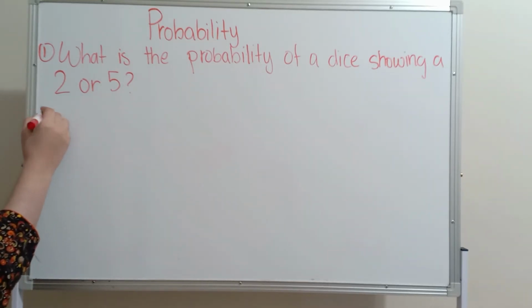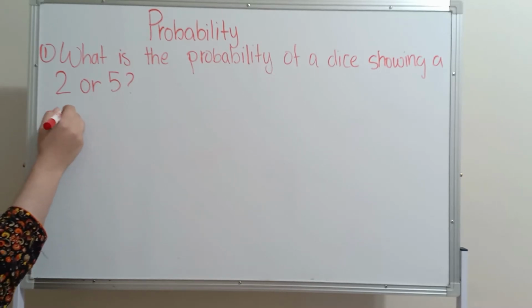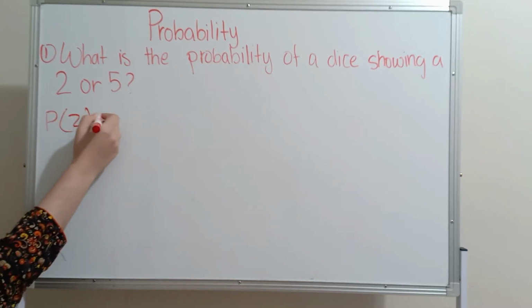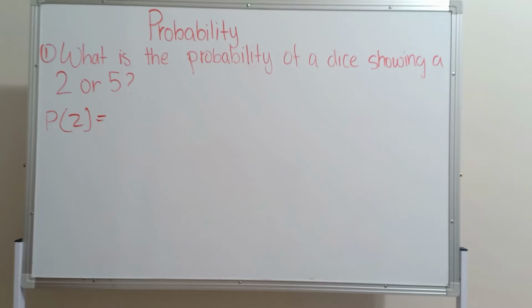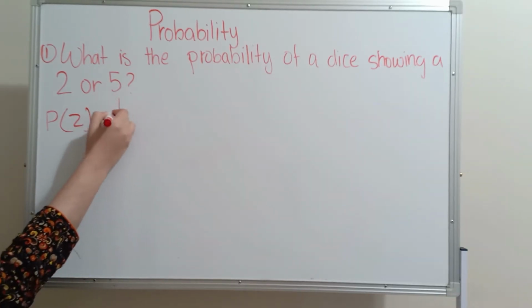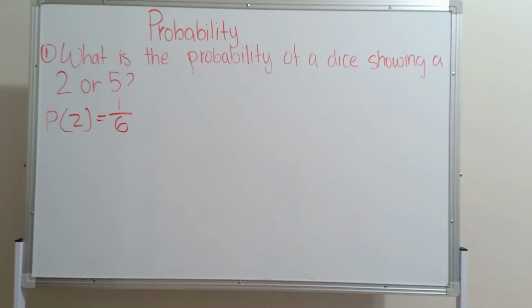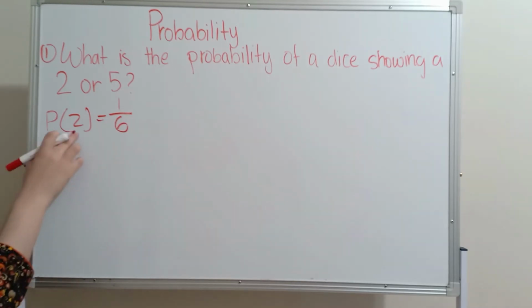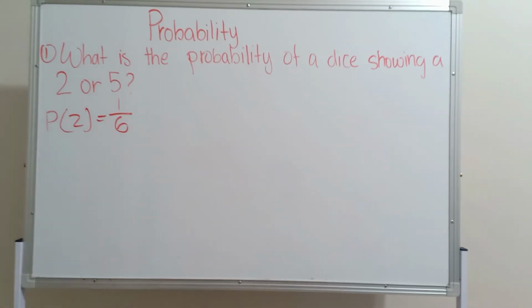So for 2, we can set this P in probability of 2 equals, we know that the 2 is only labeled on one of the sides out of the 6 sides on the dice. So it's going to be 1 over 6. That is the probability that I will roll a 2. Then we have the probability of showing a 5.